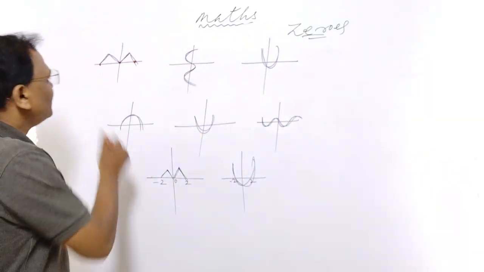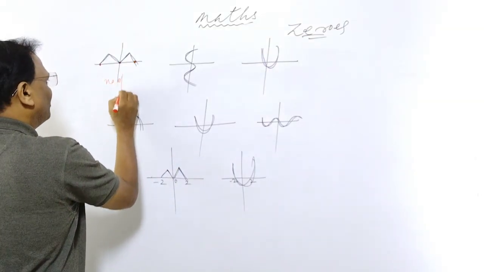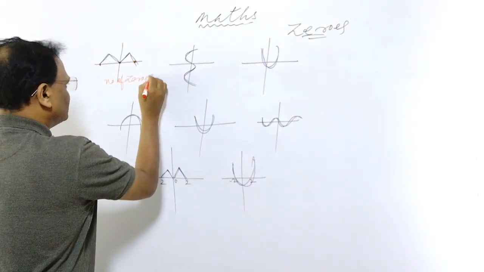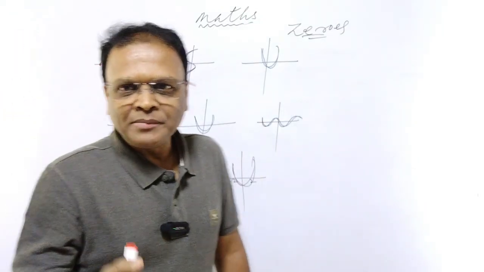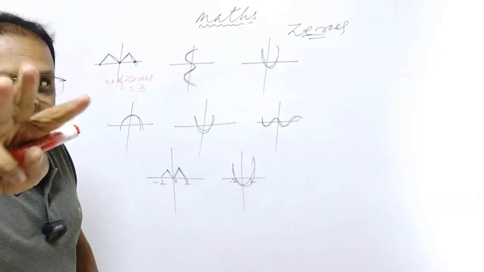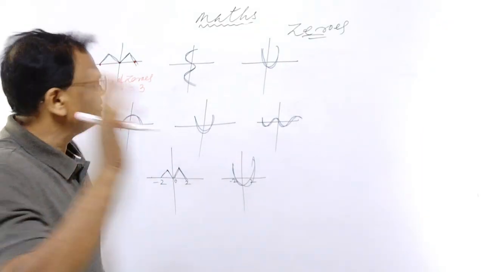Therefore, the number of zeros in this case, what can I write? Number of zeros is equal to 3. Why 3? Because it touches the x-axis at 3 distinct points. Therefore, number of zeros is 3.